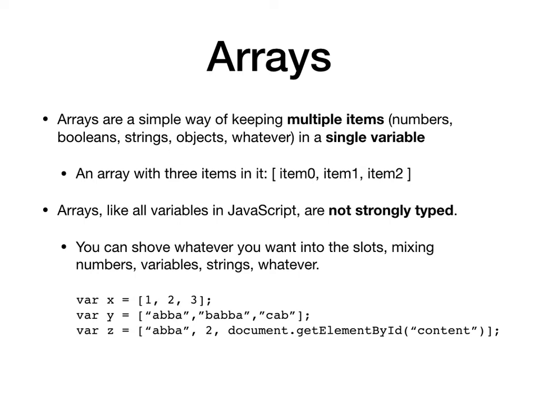For instance, here X has three numbers in it, Y has 3 strings in it, and then Z has a string, a number, and a reference to content in the HTML page. So I hope that makes sense. You're storing one variable name that has a bunch of values associated with it. Now the question is, how do we work with that?